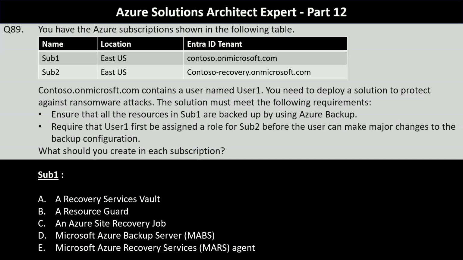What should you create in each subscription? Now, for Sub 1, your options are a recovery services vault, a resource guard, an Azure Site Recovery job, Microsoft Azure Backup Server, Microsoft Azure Recovery Services agent, also called the MARS agent.